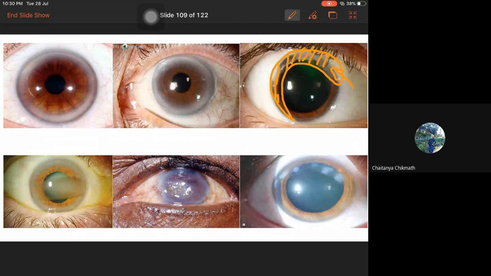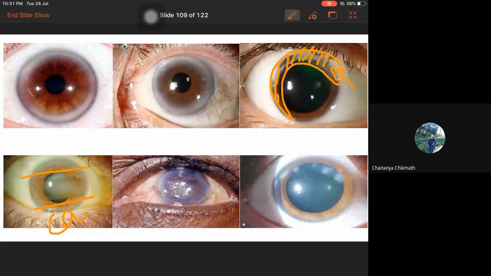This is band-shaped keratopathy, the fourth variety of degenerative disease. It is due to the deposition of calcium on the epithelium and subepithelium.